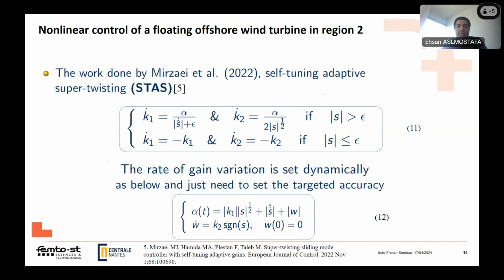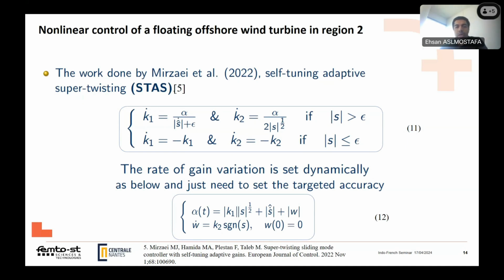The other adaptive rule, which was developed by Laghrouche, is the self-tuning controller, in which we need to tune one less parameter. Here, the gain variation parameter, alpha, is set dynamically, and we don't need to set it manually.